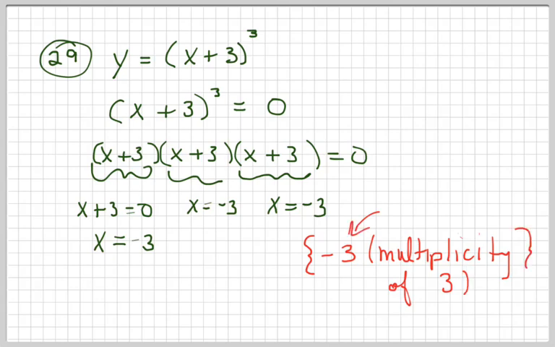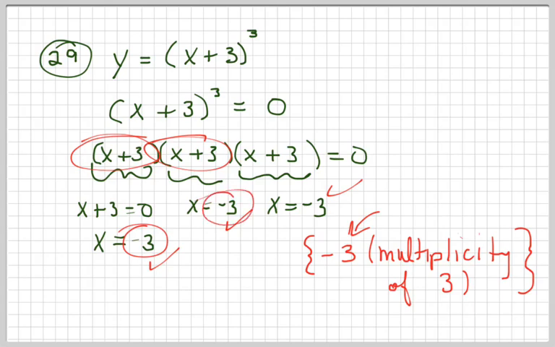That 3 has to do with the fact that it happened 1, 2, 3 times. If it only happened twice, we'd say it had a multiplicity of 2. It happened 5 times, multiplicity of 5. So when you're stating multiplicity, what you're looking for is repeated factors because they lead to repeated solutions, and those are what we call multiplicities.